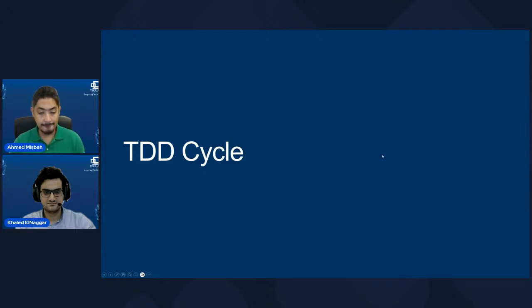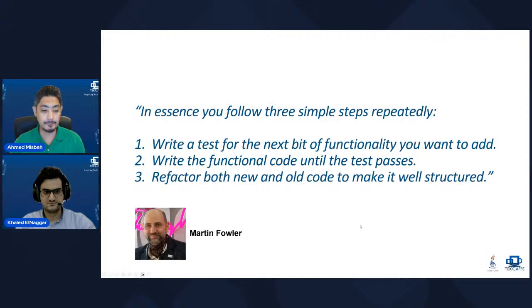Okay, so how do we practice TDD? What is the TDD cycle? So let's see what Martin Fowler says about this. He's saying that in essence, you follow 3 simple steps repeatedly. You write a test for the next bit of functionality you want to add. You write the functional code until the test passes.